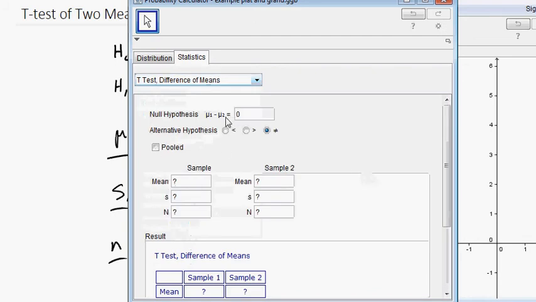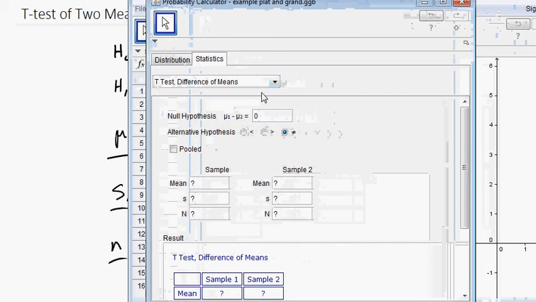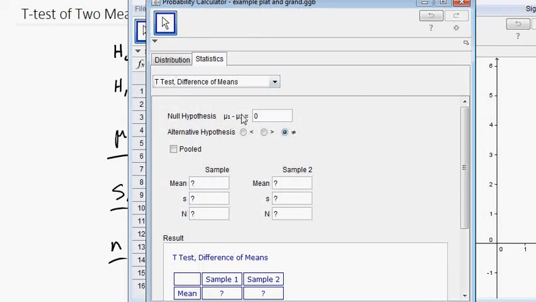Now this is mu1 minus mu2. If mu1 is Platinum and Grandmaster is 2, then Platinum minus Grandmaster should be 0 if they're the same. Otherwise, if Grandmaster is larger, this is going to go negative. So I'm going to say it's going to be less than.